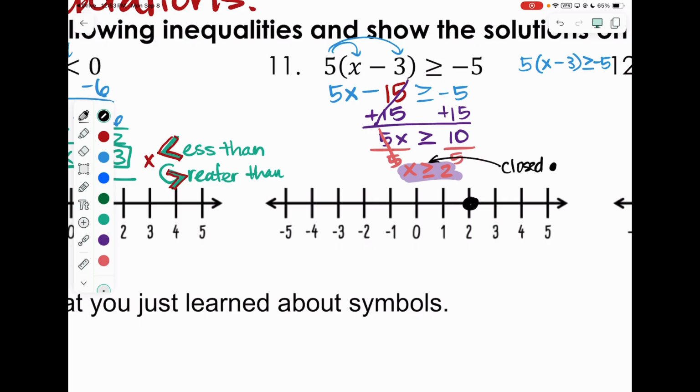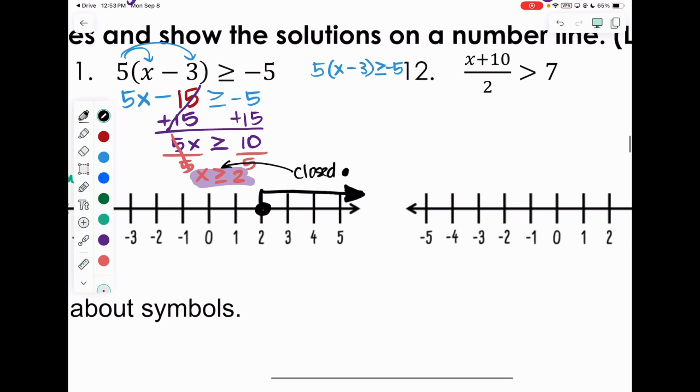So which side is greater than or equal to 2? Right or left? Right side. Was that a sweat-inducing, nerve-wracking moment for you? That was only an inequality. It's not going to eat you up alive.